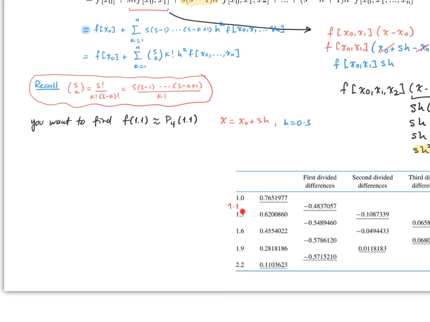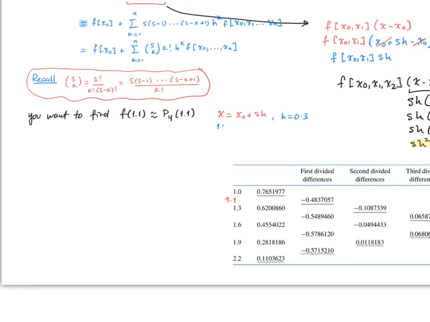Because from here to here is 0.3, 0.3, 0.3, 0.3, and the value for x0 obviously is equal to 1.0. So if you want 1.1, this will be equal to 1 plus s times 0.3, which will give you the value for s to be 1/3, or 0.33 and so forth.